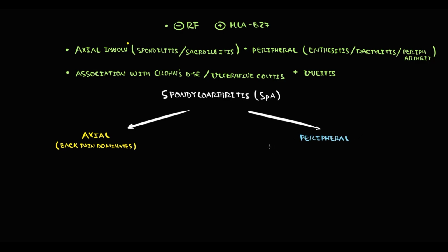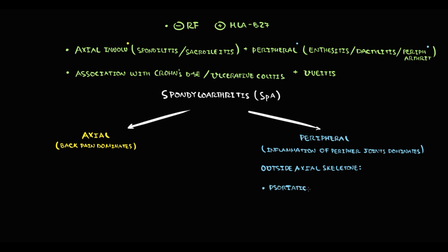In this case, the most severe inflammation occurs in peripheral joints. So, in peripheral spondyloarthritis, the most severe inflammation occurs in the joints outside the axial skeleton. For example, the knee joint or shoulder joint. To peripheral spondyloarthropathies belong psoriatic arthritis, reactive arthritis, and enteropathic arthritis.